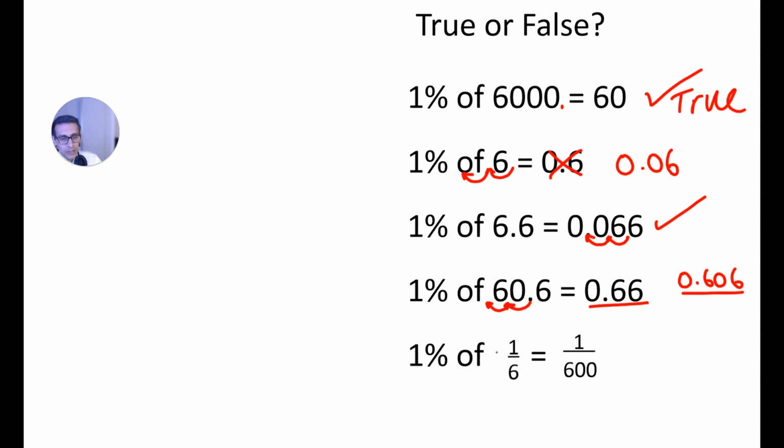So it's more of a silly mistake that this person has made. And finally, 1% of 1/6 is 1/600. Now I'm going to show you the working out for this. Some of you may have tried to turn this into a decimal. I think it's not helpful to do that. So 1%, well, we start with 1/6, and then we need to divide it by 100.